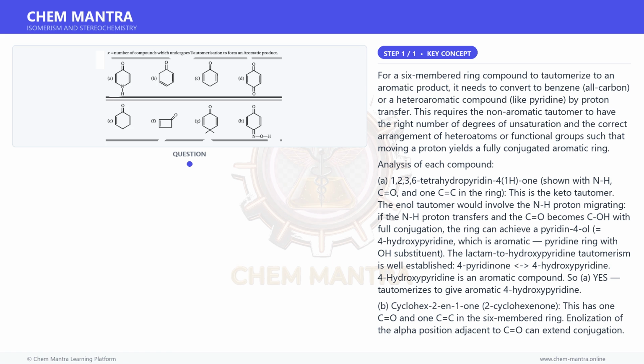H, 4-hydroxyiminocyclohexa-2,5-dien-1-one, para-quinone oxime, shown as a 6-membered ring with C=O at top and C=NOH at bottom with conjugated double bonds. This compound can tautomerize via oxime-nitroso or more relevantly via the C=O enolization.